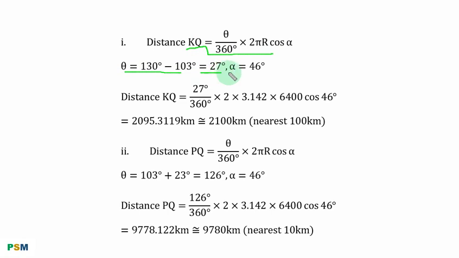Alpha, the angle of latitude, is equal to 46 degrees. You replace the various parameters with what they stand for. You have it in this form. When you simplify, you have these results.